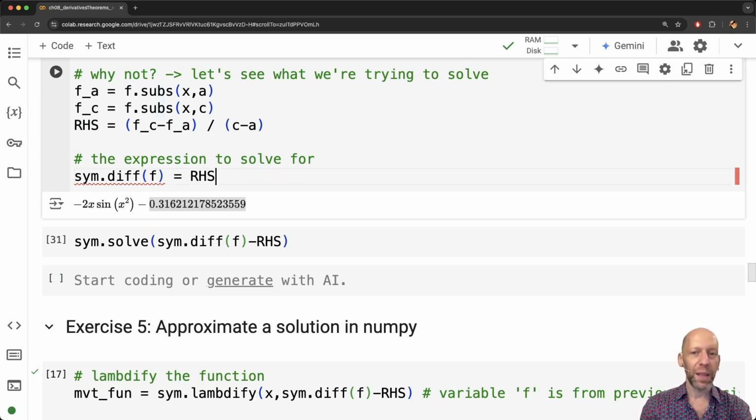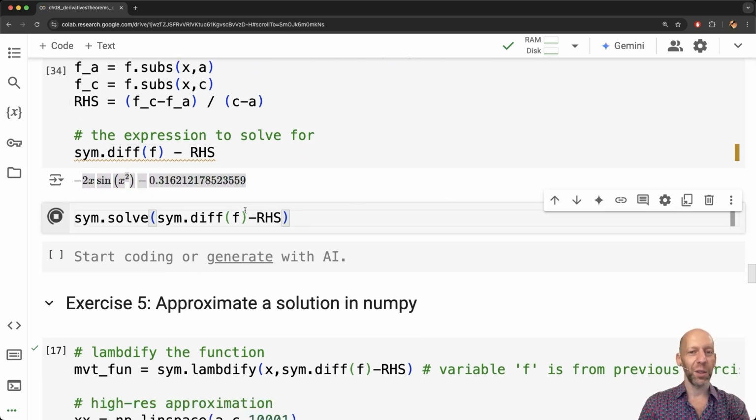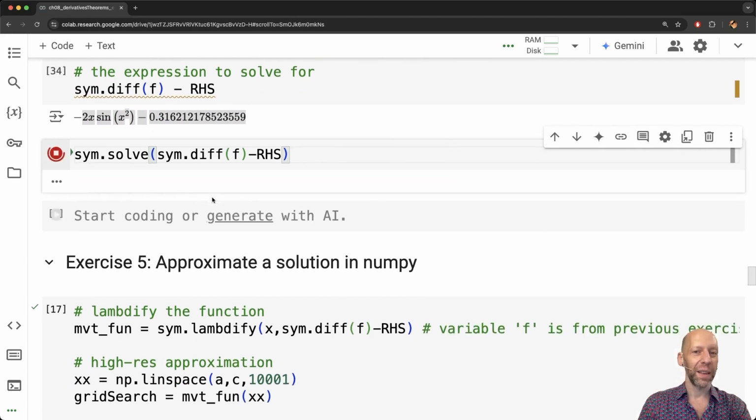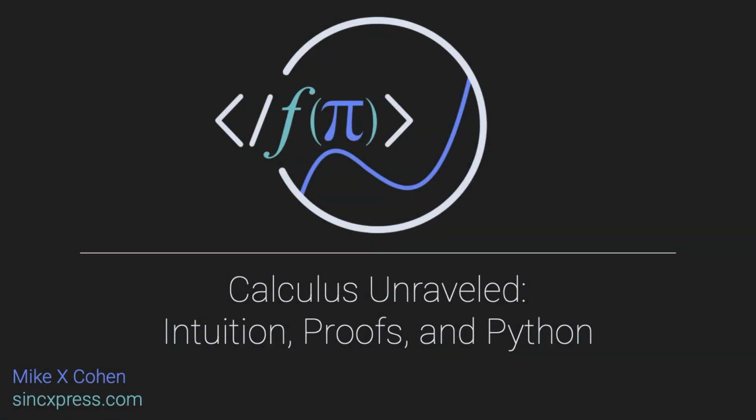Okay, but the way that this actually gets implemented is by subtracting the right-hand side from both sides and setting this equation equal to 0, and then we use sym.solve. Okay, so this is the equation that SymPy is unable to solve. And here, this is just to show you isolating this particular problem. This is where the error message is coming from.